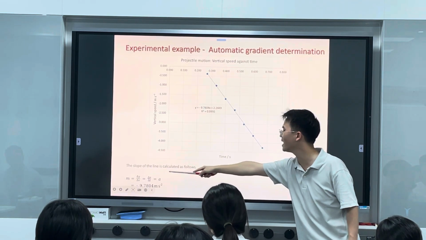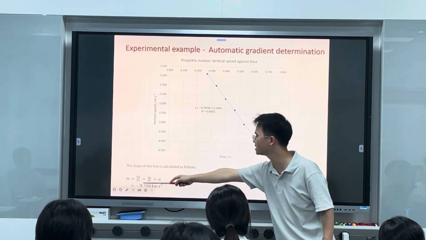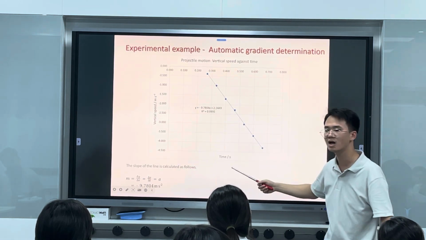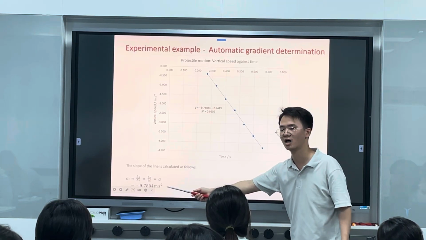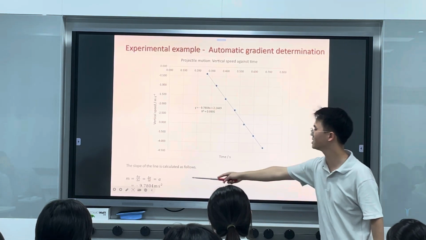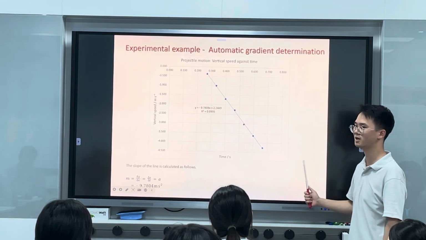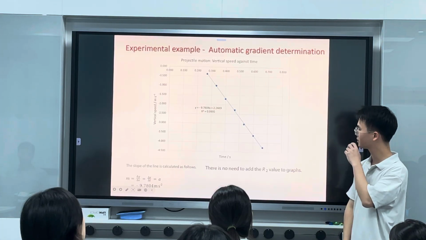The slope of the line is calculated as follows, right? Slope equals delta y over delta x, where delta y is vertical speed, so delta v, and x is time, so delta t, which gives you the acceleration, in this case calculated as 9.7804 meters per second squared. Don't forget the units. Don't forget the units.